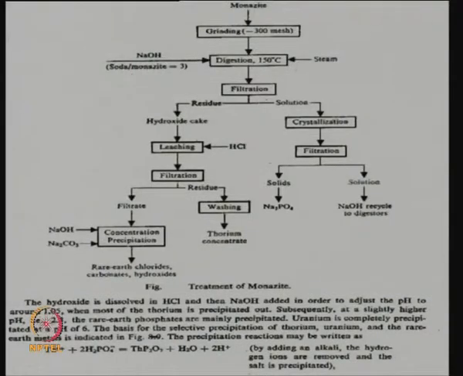So, we need very fine particles, and then the digestion would be at higher temperature, 150 degrees, which means you need autoclaves. Why we need it? Because you are going for alkali leaching, and alkalis are weak leaching reagents. You need higher temperatures.